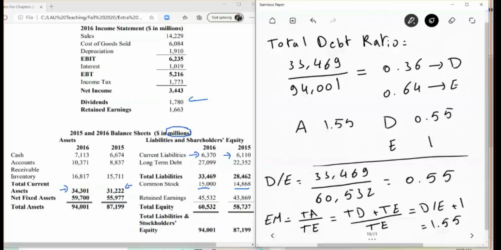And that's the equity multiplier. It means that for every $1 in equity, I have $1.55 in assets. And the equity multiplier tells me about the level of leverage in the firm, and this is one of the three major components of the return on equity based on the DuPont identity.